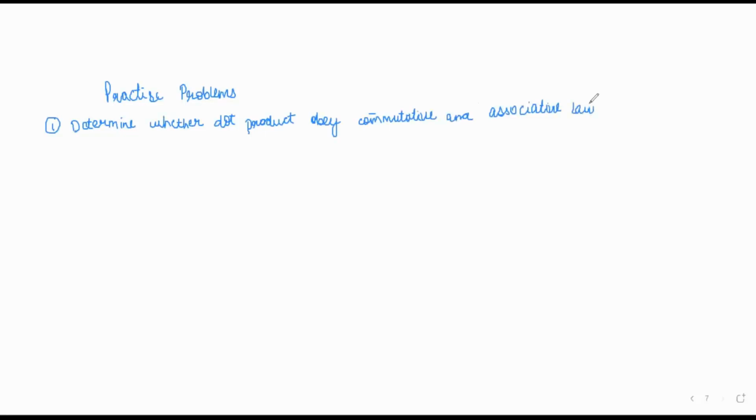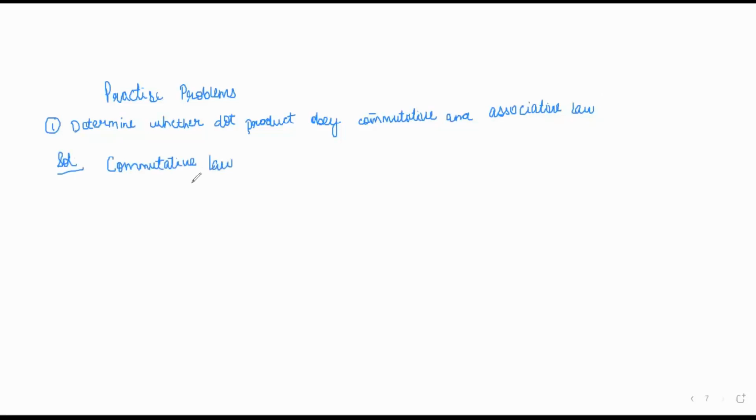Determine whether dot product obeys the commutative and associative law of addition or multiplication or not, like ordinary algebra. And we have just seen how these laws are written. So here we will consider today only the dot product, and we'll discuss the cross product in the next class.